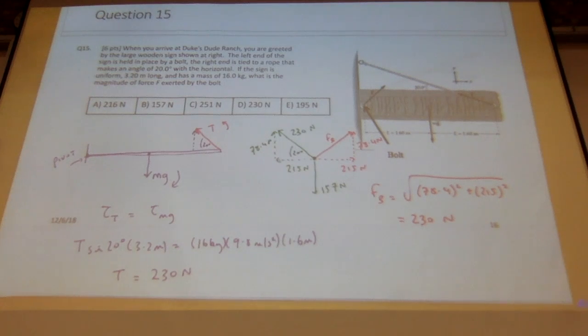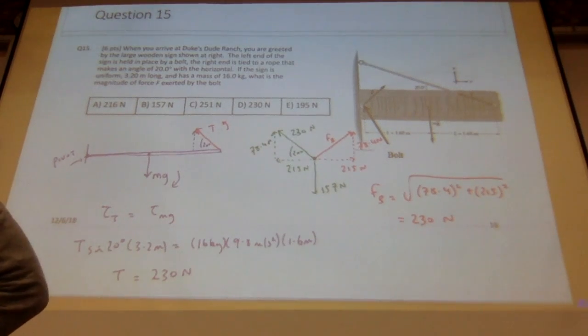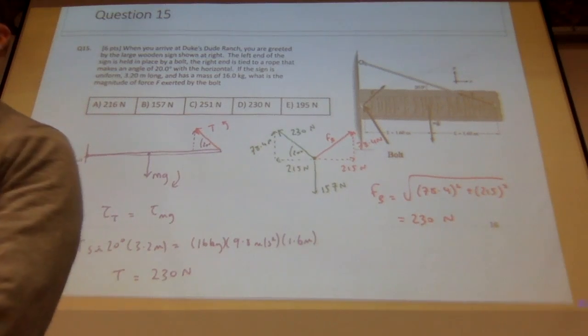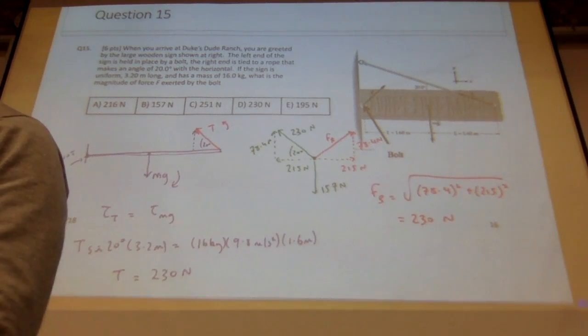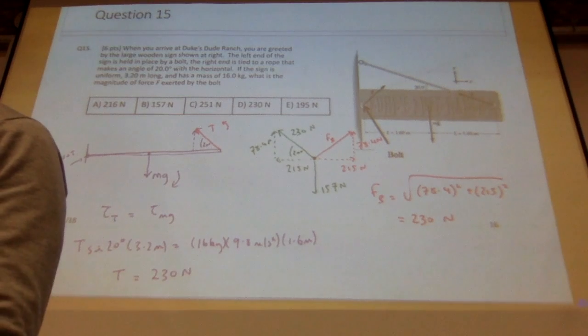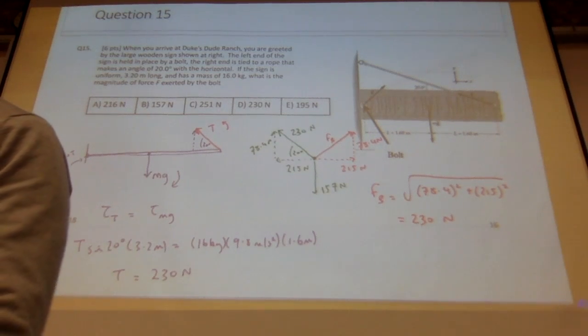I think we did a similar problem for the lower back, finding the force on the bottom of the spine when you're doing a deadlift. Similar analysis: first using torque, and then using Newton's law so that there's no net force and no net torque on this sign.